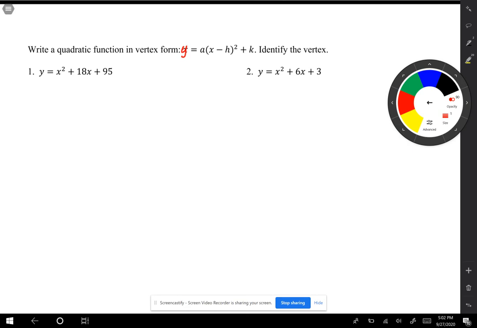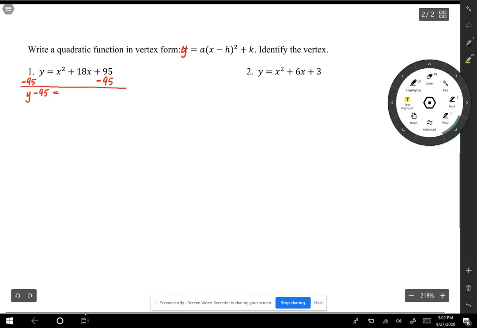Step number 2, you want to move the constant to the other side. So we have y minus 95. I put the y first because notice our equation is always going to be y equals.